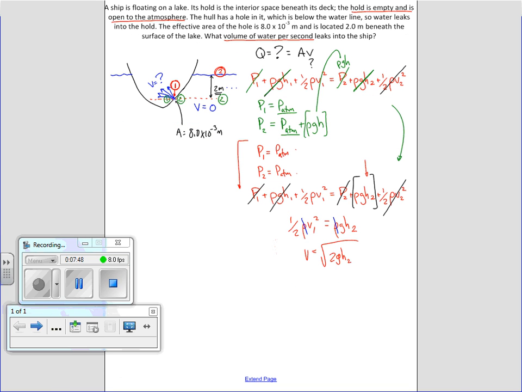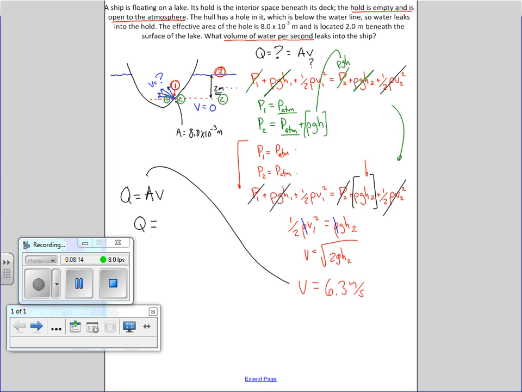That gives me a value for v of 6.3 meters per second. If we go back to the beginning, what we really want to know is this value Q, the volumetric flow rate, which is A times v.